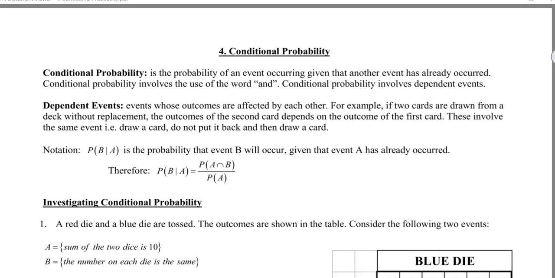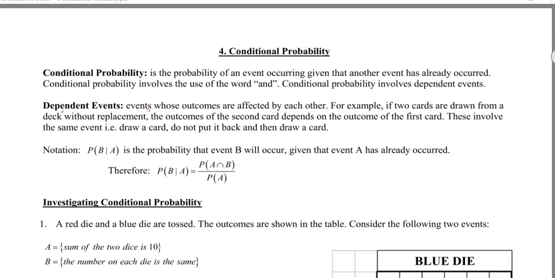You can't be drawing a card and then flip a coin, right? If you do that, no matter what happens on the card, that will not affect what happens when you flip a coin. The other thing is you're going to see the words without replacement or without putting it back or something along those lines, something that implies that we are not going back to where we started.